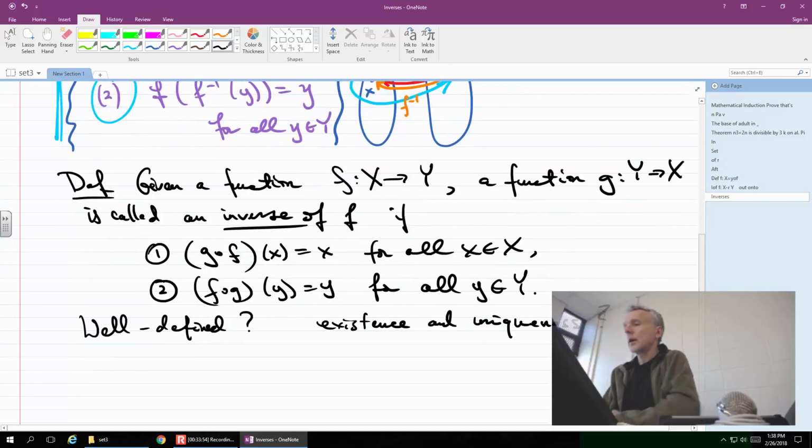Roughly, we know the answer to these. We know that it is unique, and we also know when existence is satisfied. When is there such a thing as the inverse? When f is one-to-one and onto. That is what we kind of know; we just need to demonstrate it in the rigorous way of set theory.